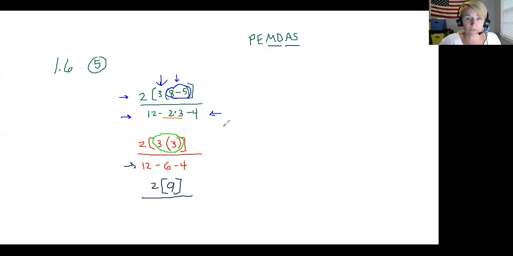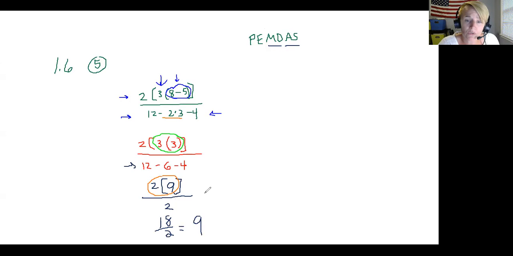And I essentially have 2 subtraction problems here. So I'm going to say 12 minus 6 is 6. And then 6 minus 4 is 2. That leaves me with only a multiplication problem on the top. 2 times 9. 2 times 9 is 18. Divided by 2, which is 9.